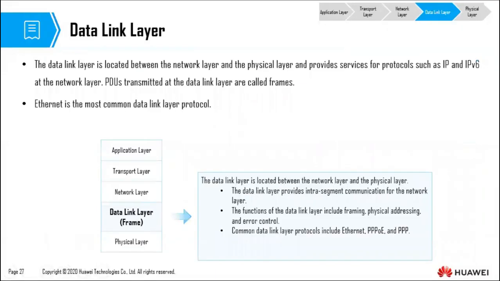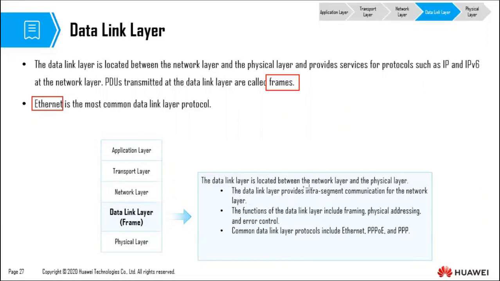Okay, so let's look at the data link layer as we finish up. We're about to finish up this topic. Data link layer is located between network and physical. We already know that. The PDU at the data link layer is called a frame, and Ethernet protocol is the most common data link layer protocol. Why is it common? Because it's used in local area networks. That's why it's common. So the data link layer has several functionalities.